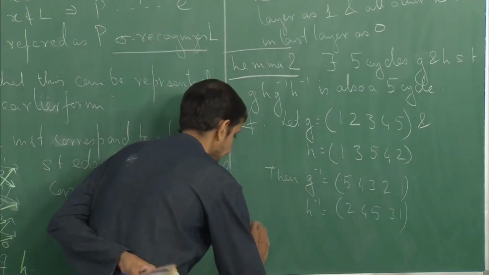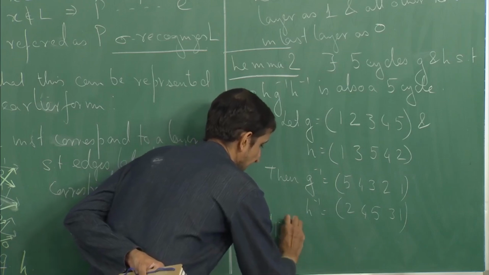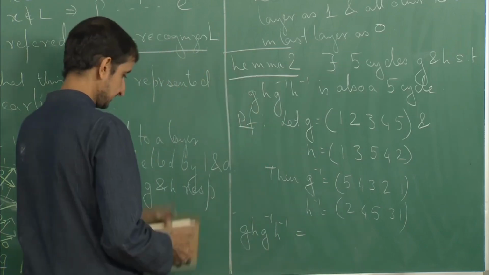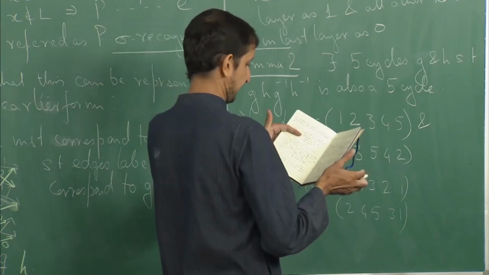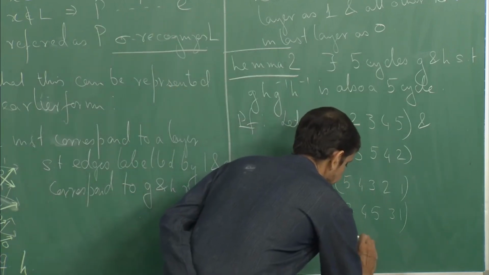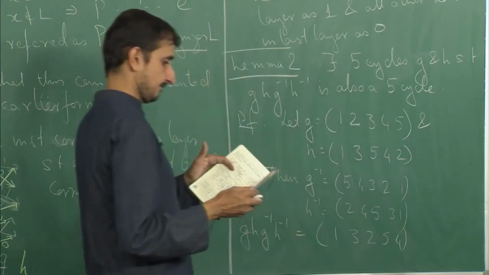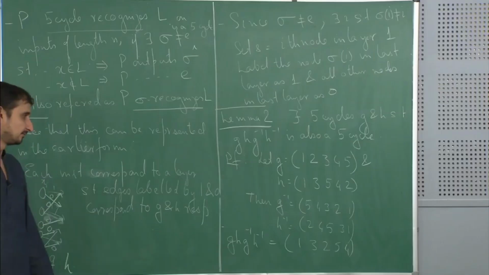And now we can check what G H G inverse H inverse is, and this turns out to be, you can calculate it, just (1, 3, 2, 5, 4). Okay.